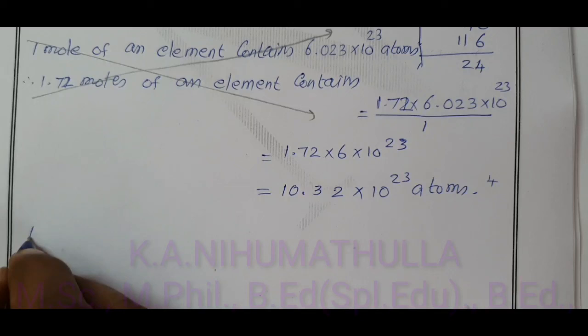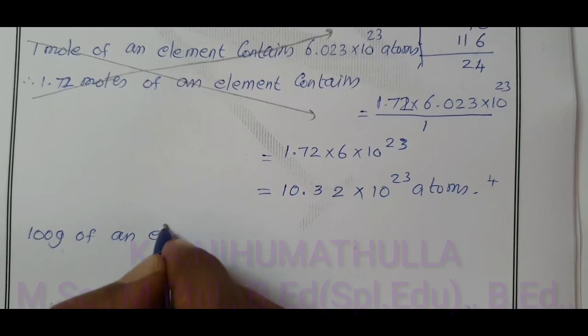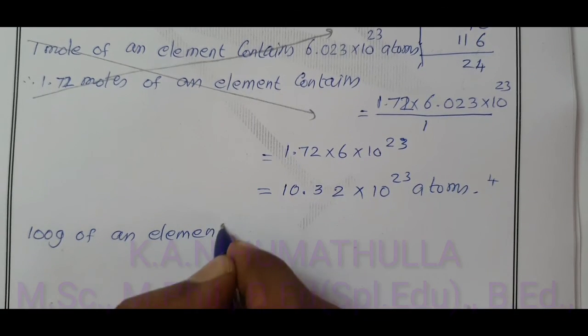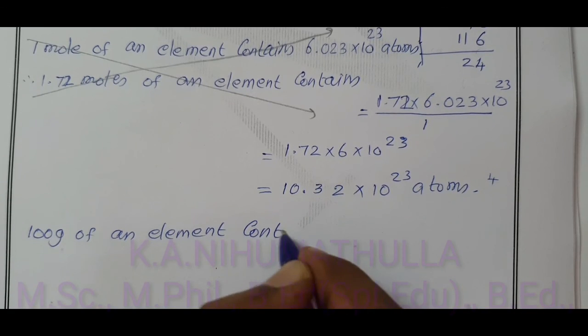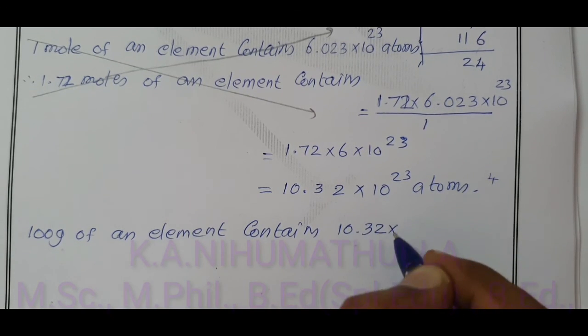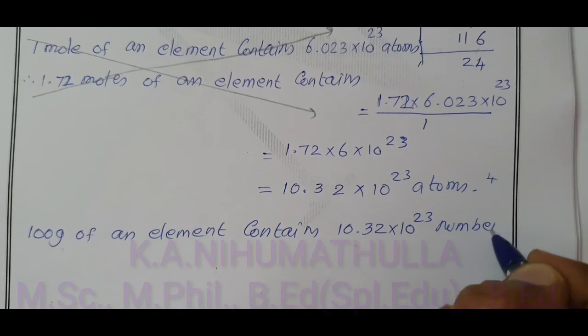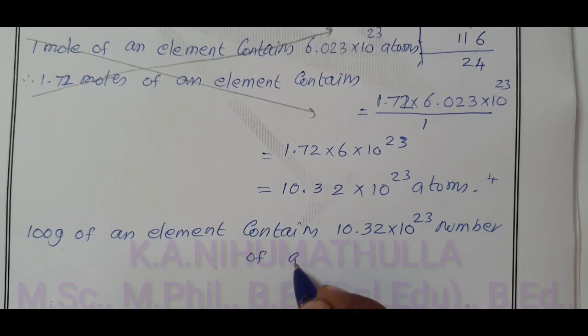So, result: 100 gram of an element contains 10.32 into 10 power 23 number of atoms.